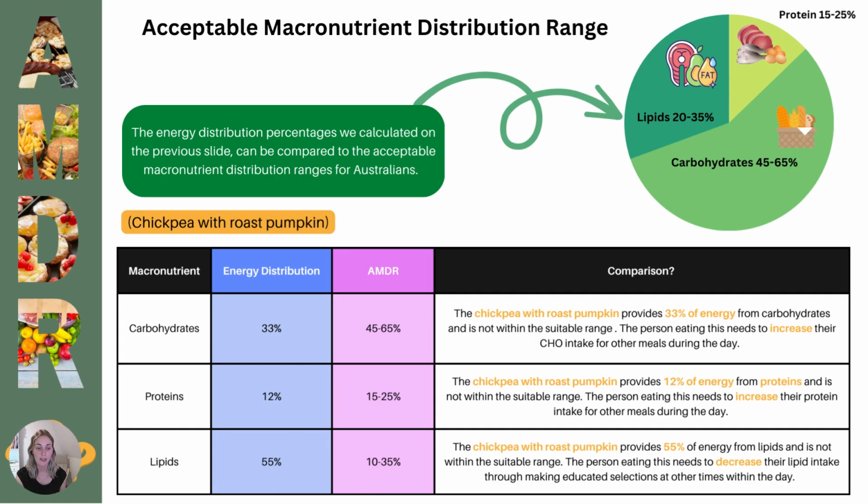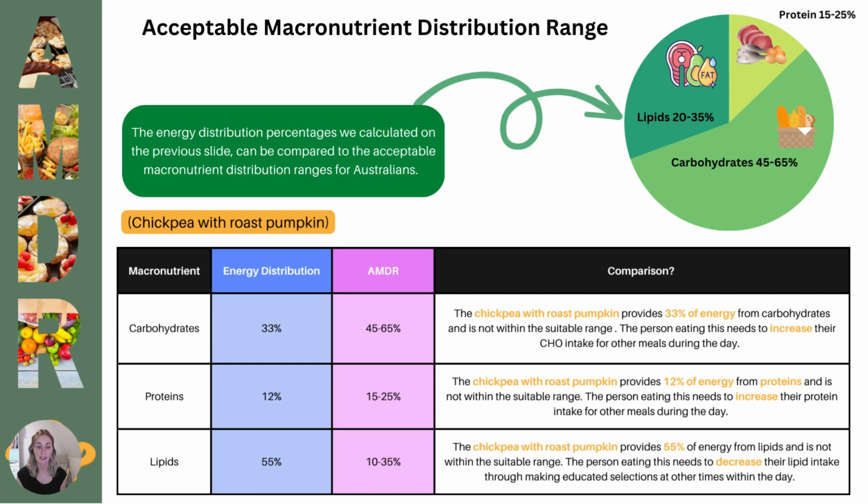So you can see here in the AMDR pie chart that carbohydrates should account for 45 to 65% of your energy from a serving of food and throughout the day. Proteins should account for between 15 and 25%, whilst lipids should be around 20 to 35%. Really low in the saturated fat in that little section of that table.